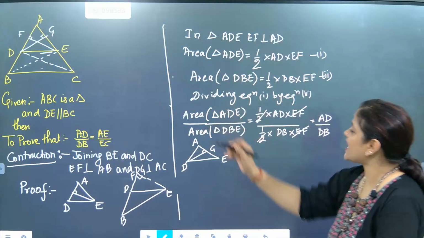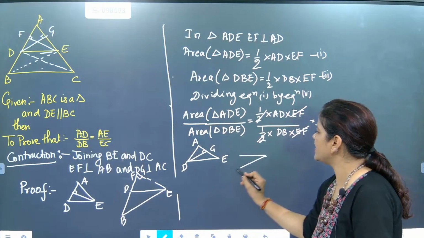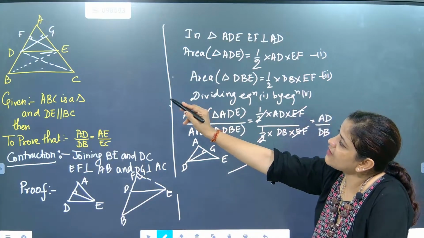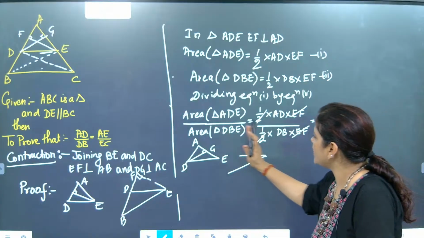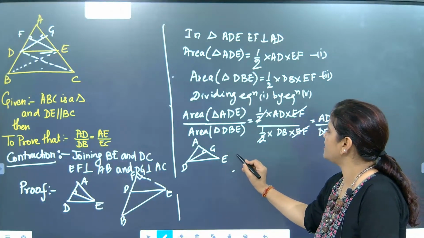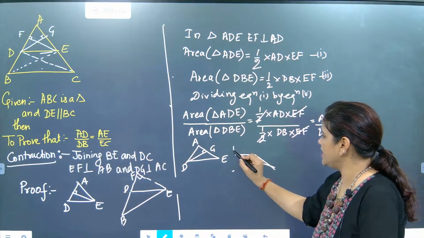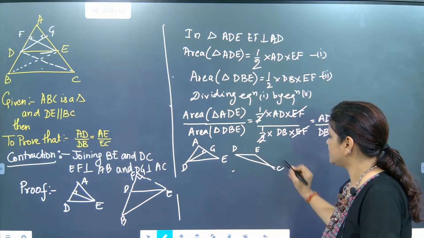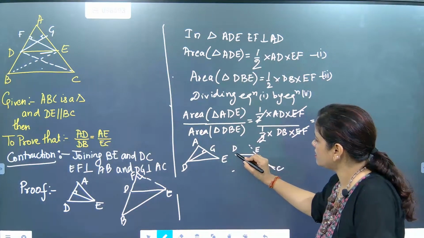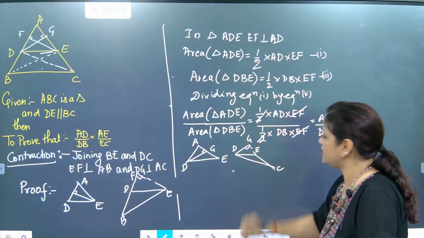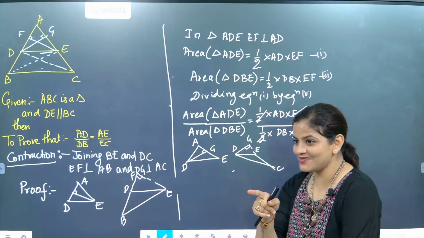Got it? And beta, which side are we going to take? First we have taken DBE, now this time we are going to take this side, DEC. Where will be the perpendicular, beta? Outside, DG. Now you understood the concept, Hana?